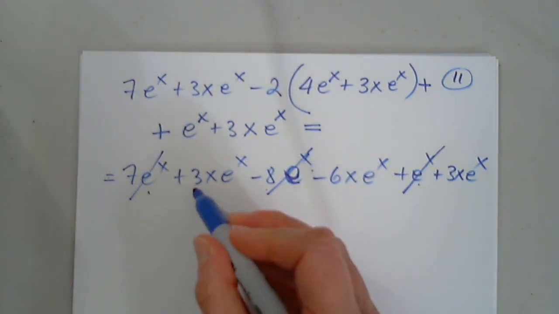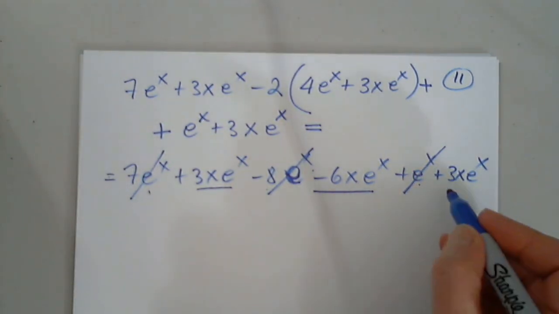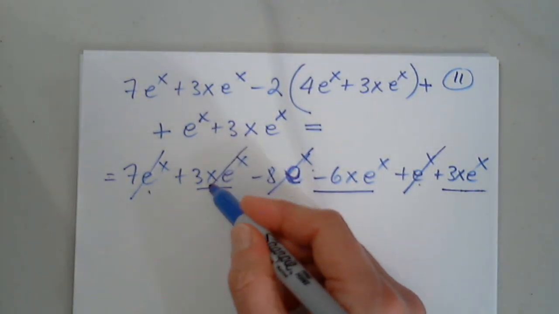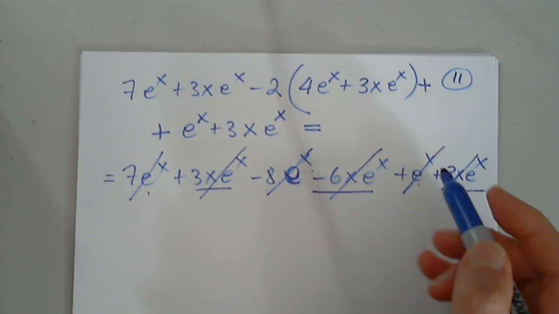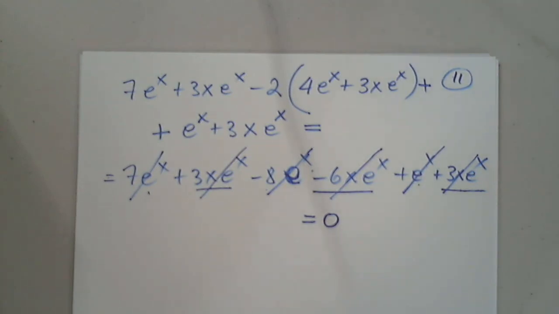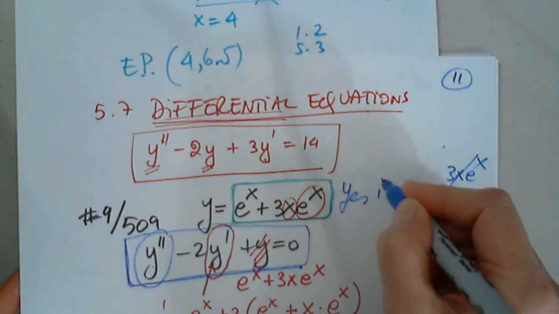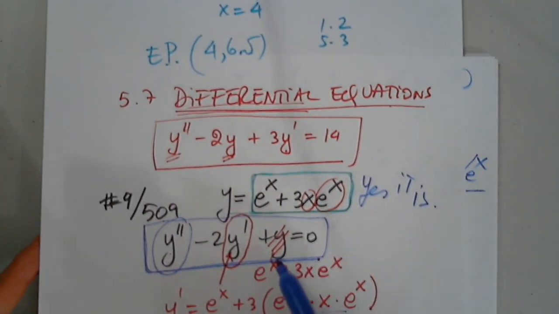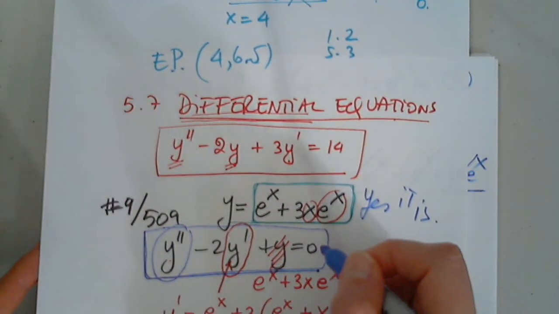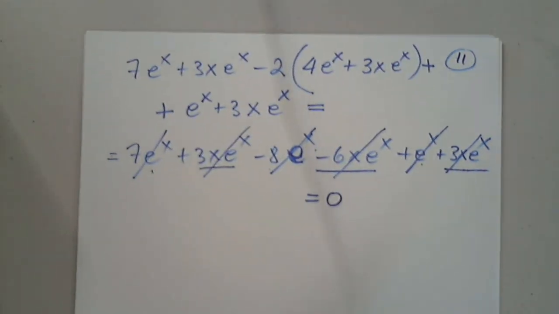Yes. 3xe to the x minus 6xe to the x plus 3xe to the x, are they going away? So the answer is 0, and that's exactly what we had here. And then I'll say yes. It checks the equation. This function replaced in here accordingly will give us 0, so that means this is a solution of the differential equation that was given to us.